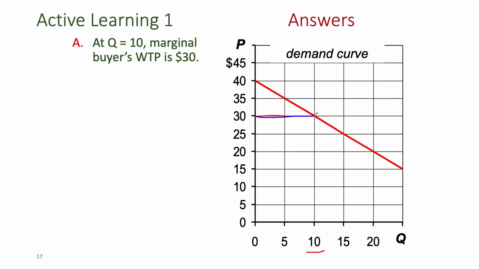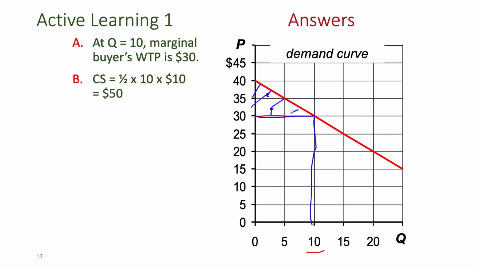So when the price is 30 bucks, the quantity is 10 units, and the consumer surplus, remember, is the area under the demand curve above the price, where the base is determined by going from 0 to the quantity demanded at that price. So it's the area of this triangle here. That's the consumer surplus, right?